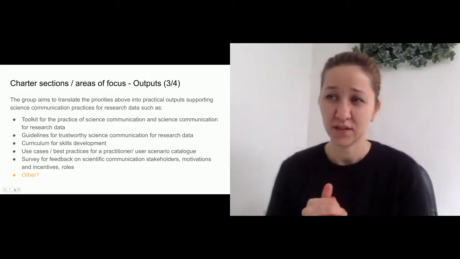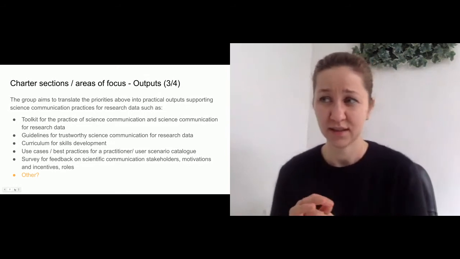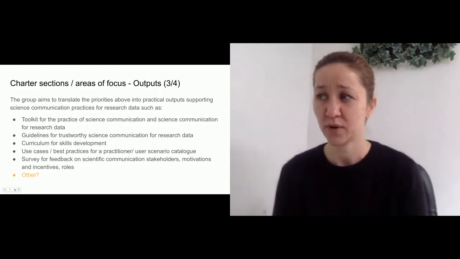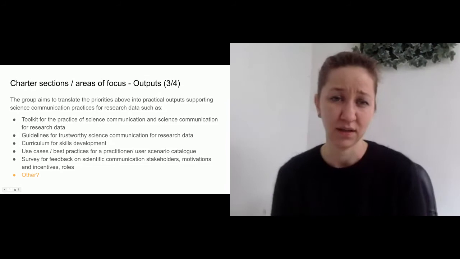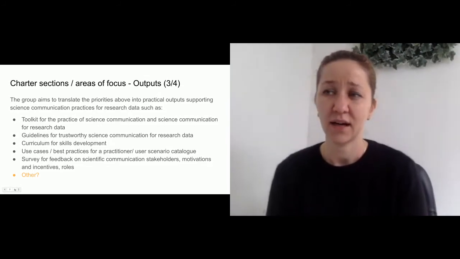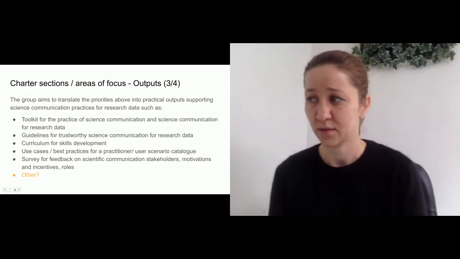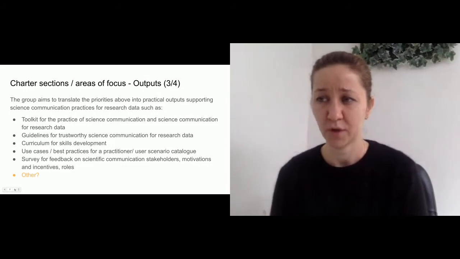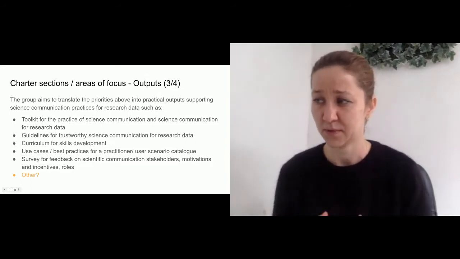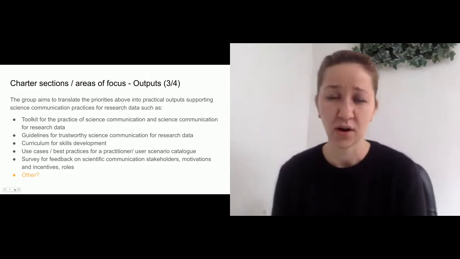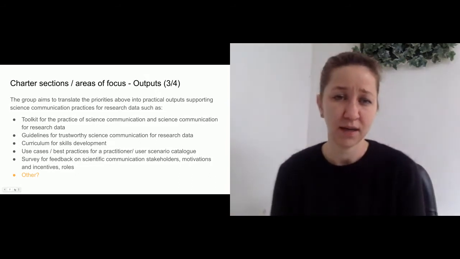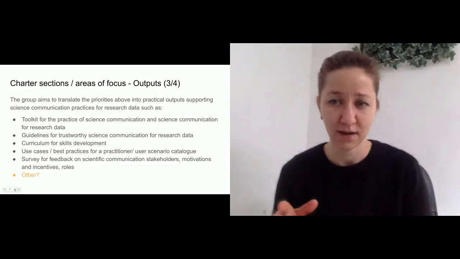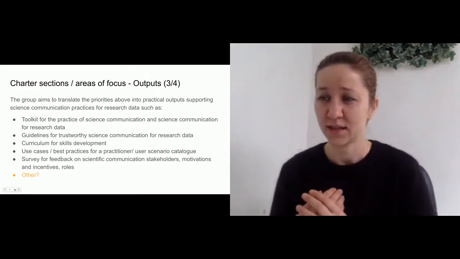So one suggestion was to have a toolkit that would be a useful resource for the practice of science communication and science communication for research data. Then a set of guidelines for trustworthy science communication, a curriculum for skills development, also use cases and best practices, and a specific practitioner and user scenario catalog that can be leveraged by researchers or whatever specific audience we are thinking about, considering Leslie's comment earlier.